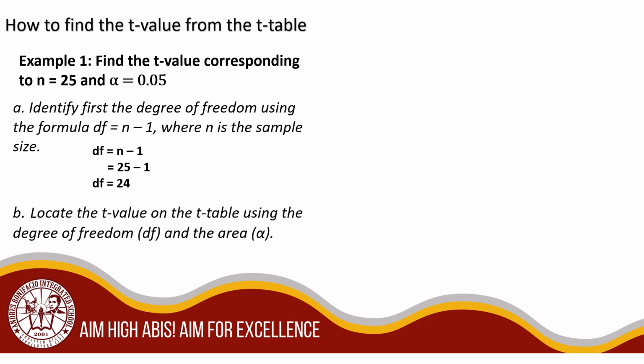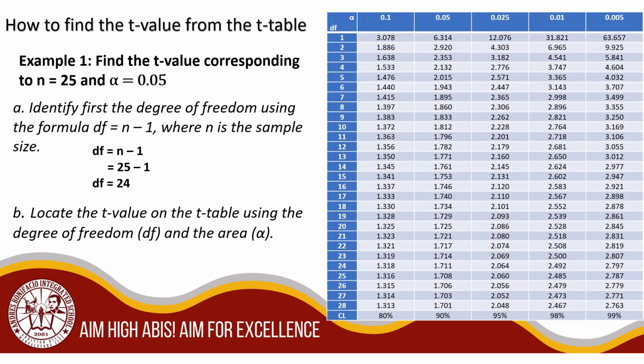After that, we are going to locate the t-value on the t-table using the degree of freedom, which is 24, and the area or the alpha, which is 0.05. So we need a t-table. So ito po yung ating t-table. So parang katulad sa z-distribution kung paano natin hanapin yung mga z-scores or yung z-value, ganun din ang gagawin natin dito sa t-table.